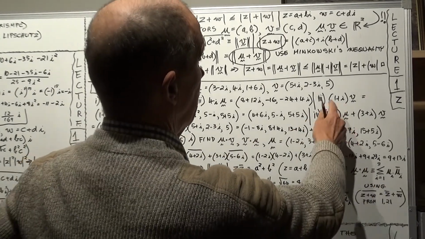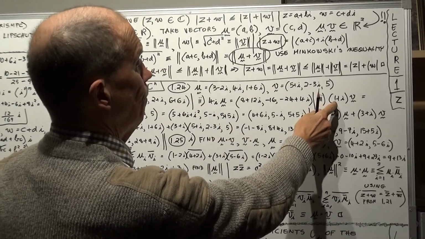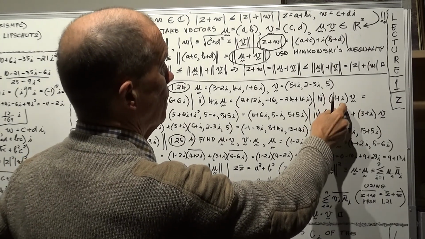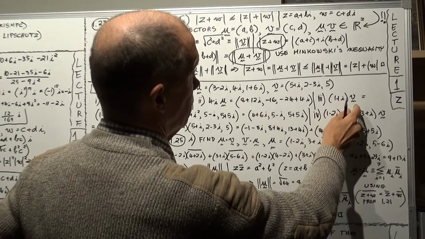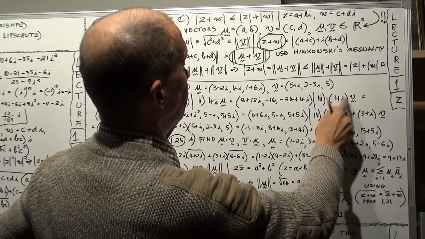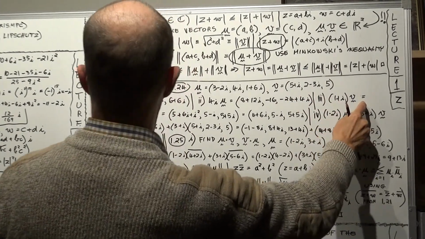Now, a slightly more complicated version of part 2 here. Your z here now is 1 plus i, and you're asked to multiply the complex vector v, that's this one, by i plus 1.